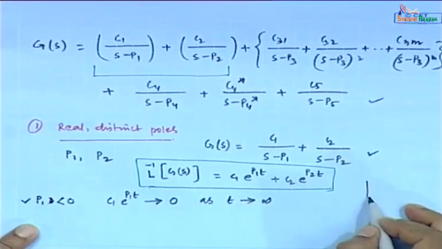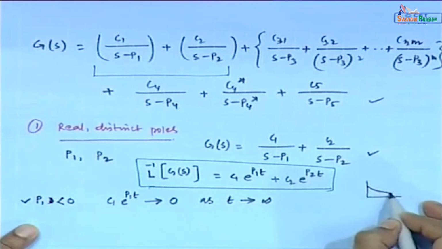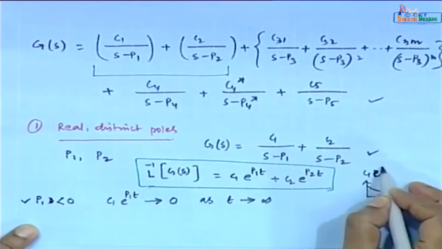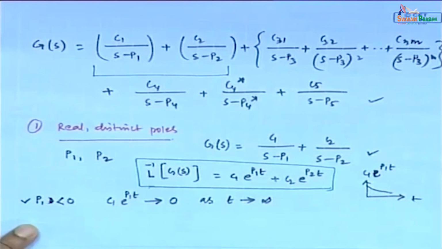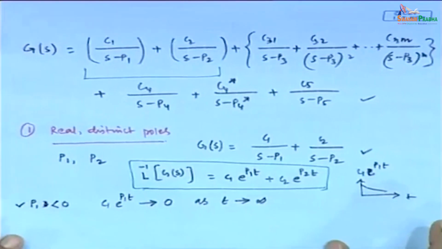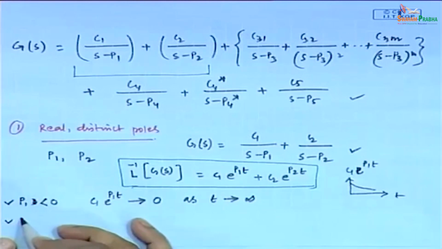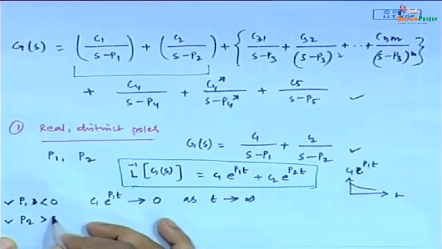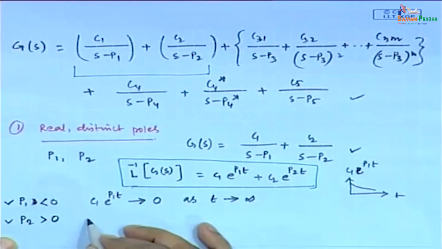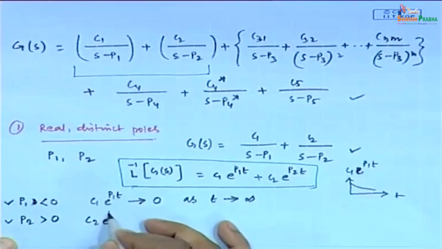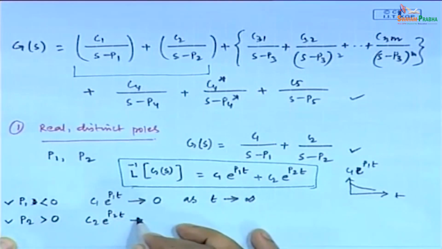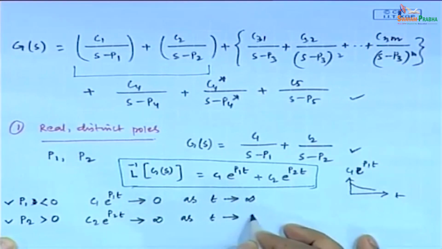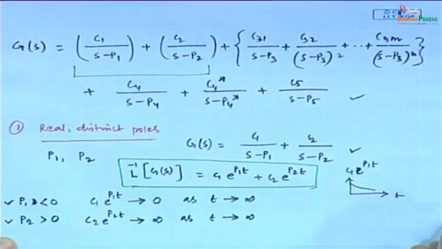We can represent this graphically also. It is like this, going to 0, this is t, this is C1 exponential of P1t. In another case, we have considered P2 greater than 0, then C2 exponential of P2t tends to infinity as t tends to infinity. Agree?